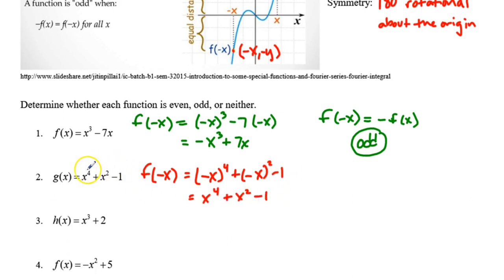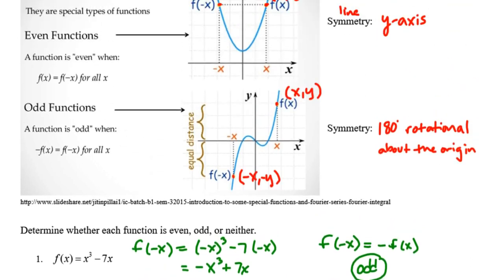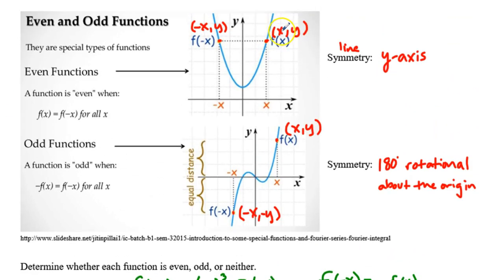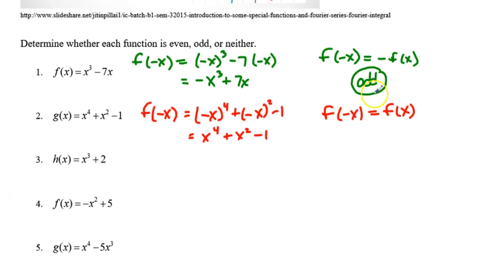So we say, is it the exact same thing? Well, yeah. So that means f of negative x is the same as f of x. The y value for a negative x is the same as the y value for a positive x, for all x, because we substituted and did it algebraically, so we call this even.